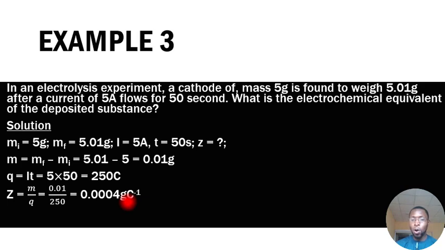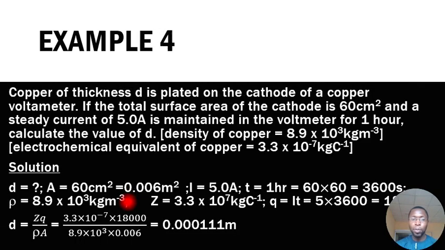Okay, let's take one example again. Here it says copper of thickness D is plated on the cathode of a copper voltmeter. If the total surface area of the cathode is 60 centimeters squared and a steady current of 5.0 ampere is maintained in the voltmeter for 1 hour, calculate the value of D, that is the thickness.